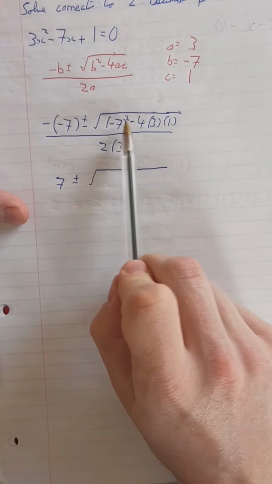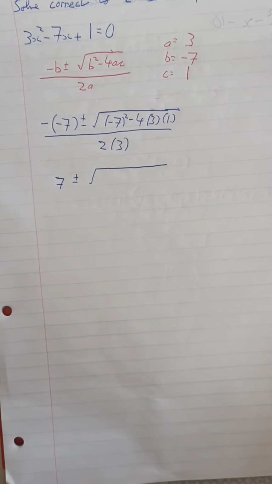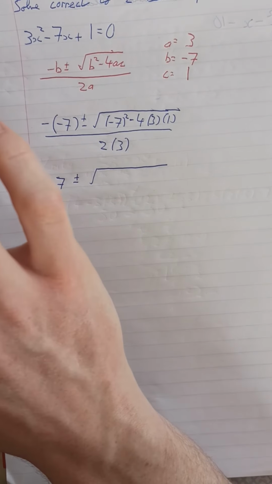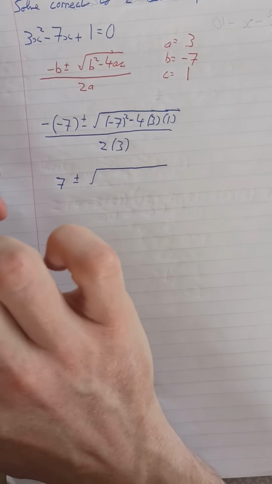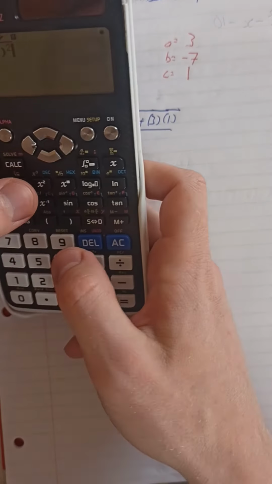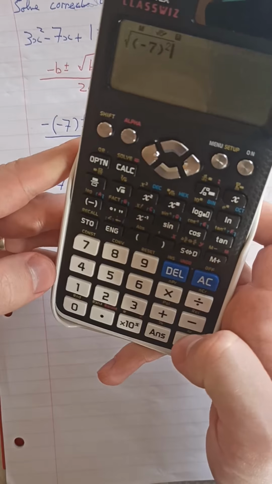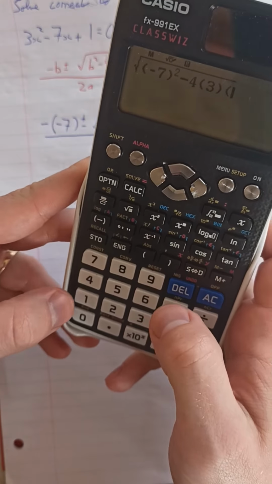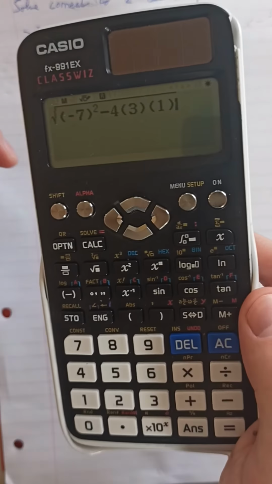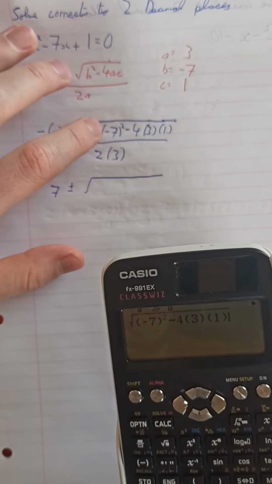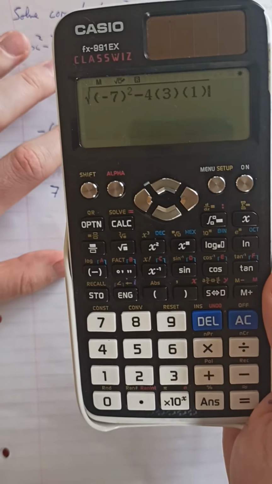Now, the square root part here, I'm going to put all that into my calculator. So we want to make sure it looks the exact same on the calculator screen. Okay, so if you can see there, it looks the exact same as it does here. You need to make sure you have those brackets in the calculator.